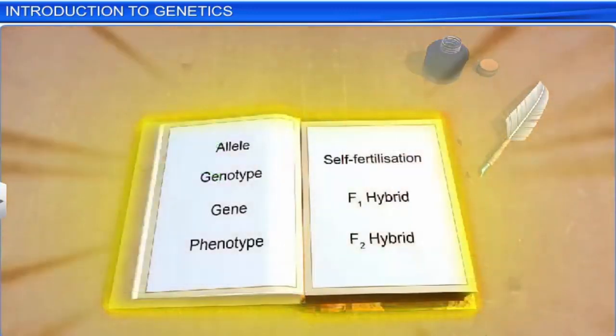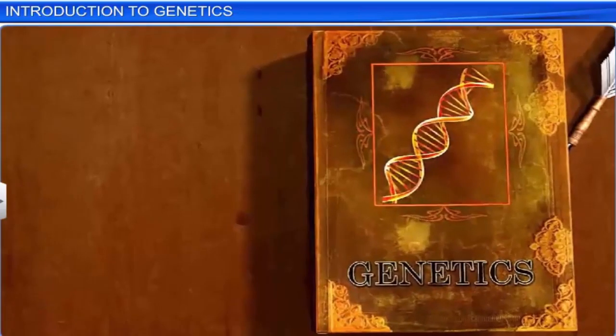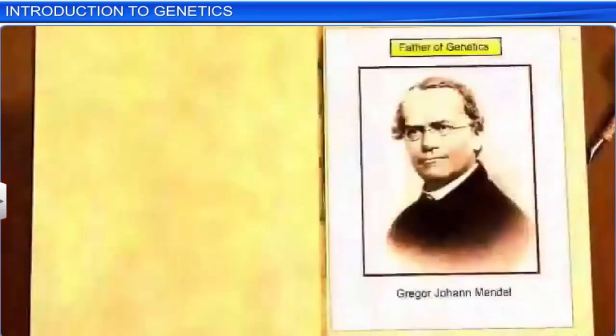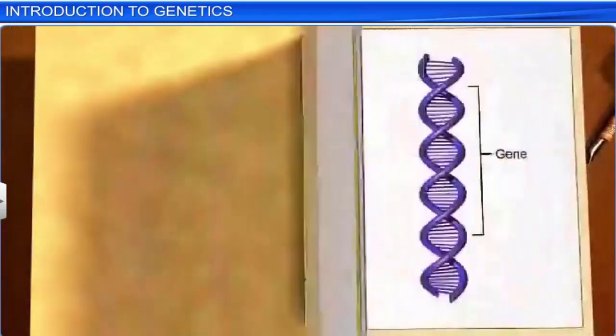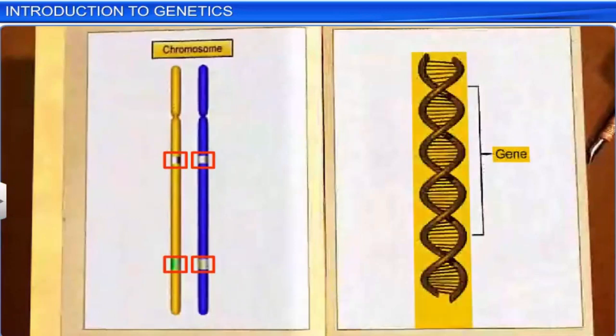Now, let's take a look at the different terms that we come across while studying genetics. A gene or a factor is the functional unit of heredity material, that is, DNA. In other words, it is a unit of DNA that is responsible for the appearance and inheritance of a character.